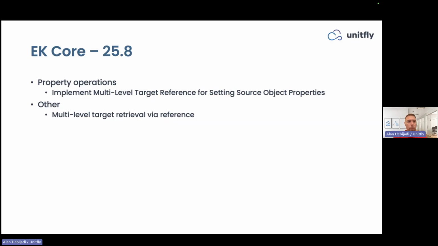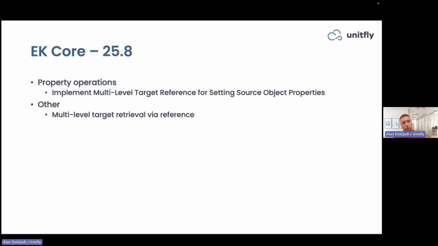So in 25.8, we did a lot of things regarding the multi-level references and retrieval of these references. This was so that you don't need to do the searches if you can have the reference in depth. So one object can reference another object, then reference another object.